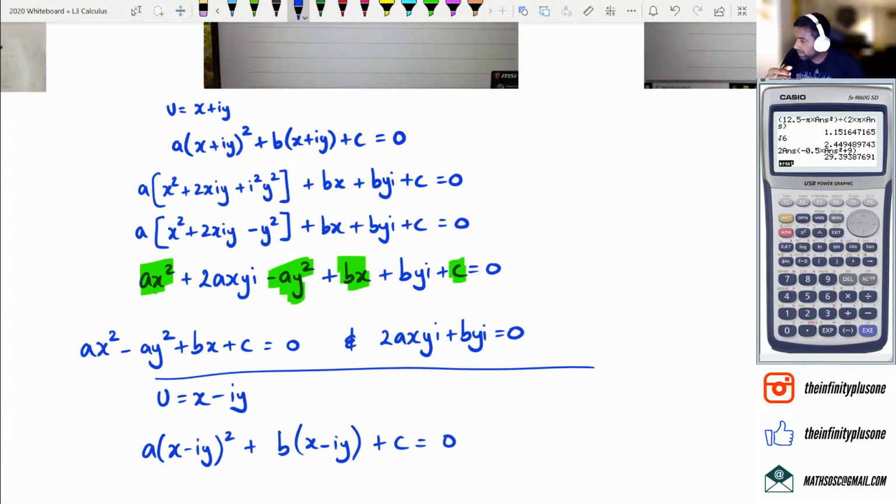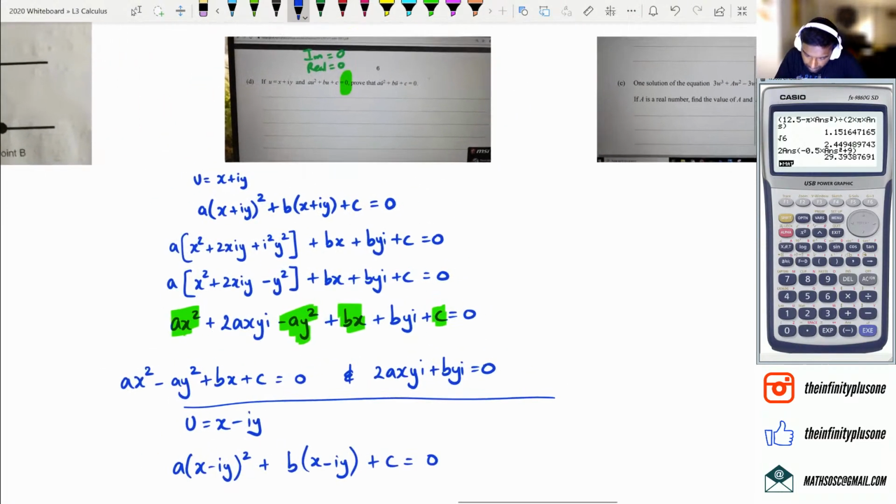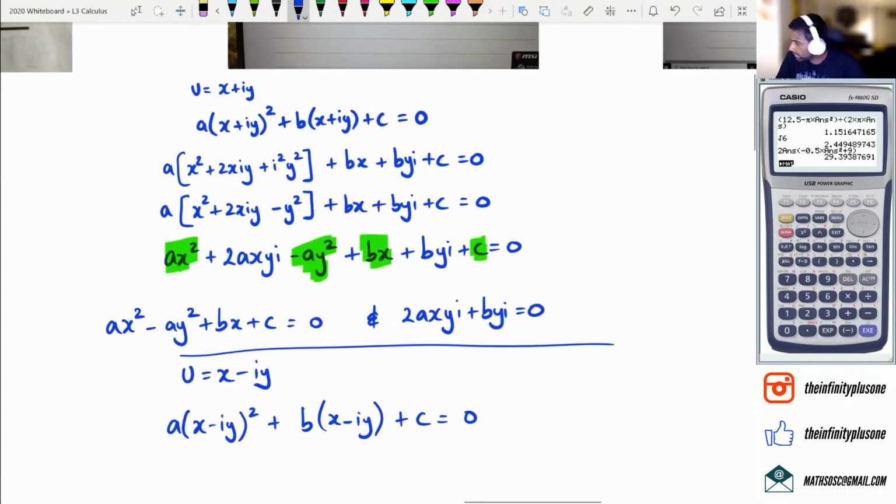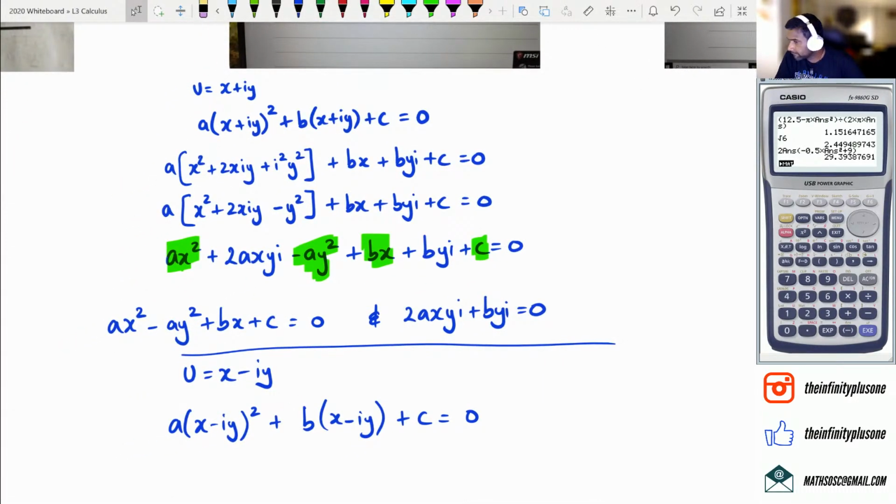Anytime you get a little symbol on top of the letter, that just means you put the conjugate of it. Oh yeah, sorry, my bad. Silly me.